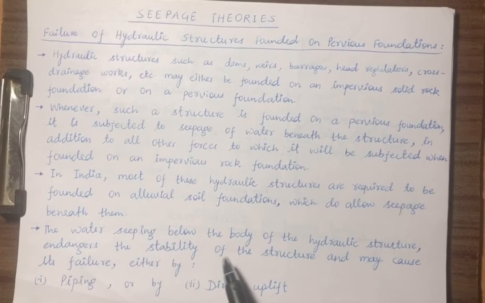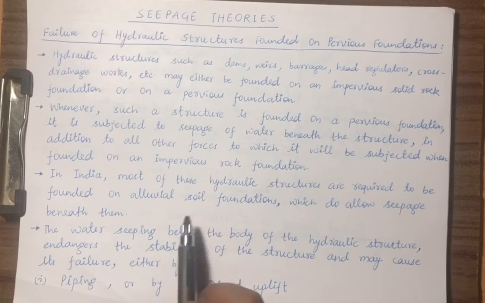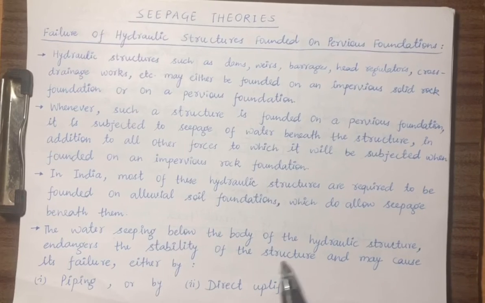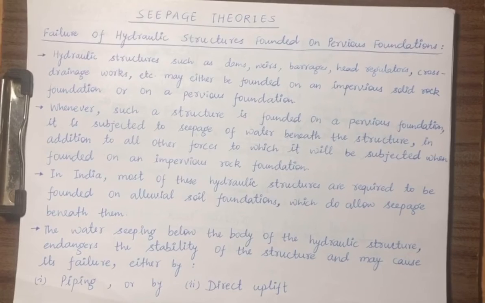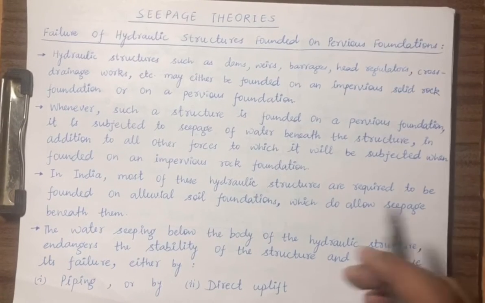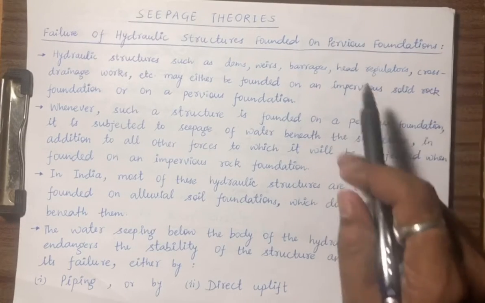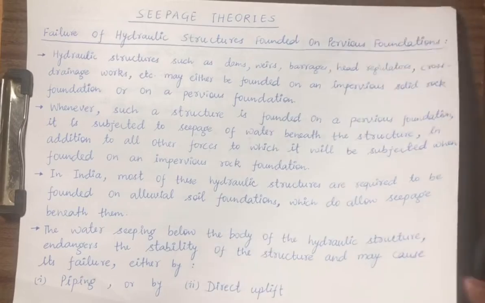The water seeping below the body of the hydraulic structure endangers the stability, and may cause its failure either by piping or by direct uplift. So these are the two major problems when water is flowing under the hydraulic structure, which is possible only for a pervious foundation.